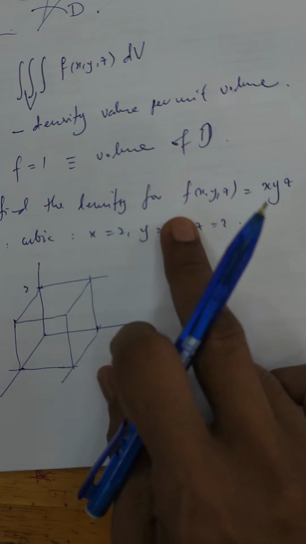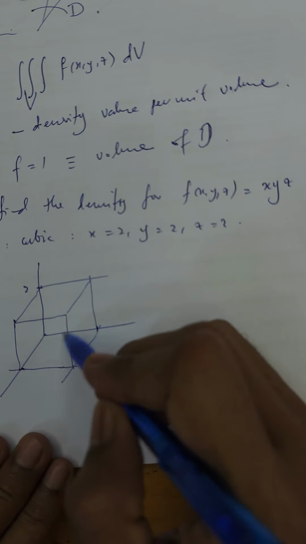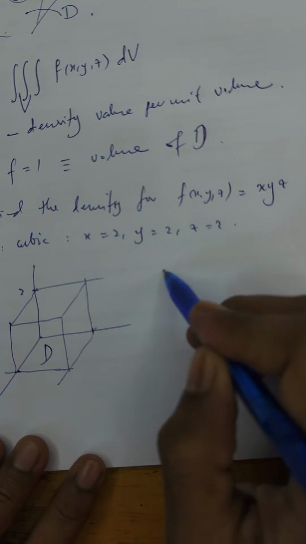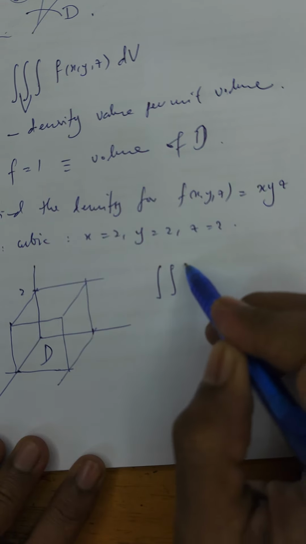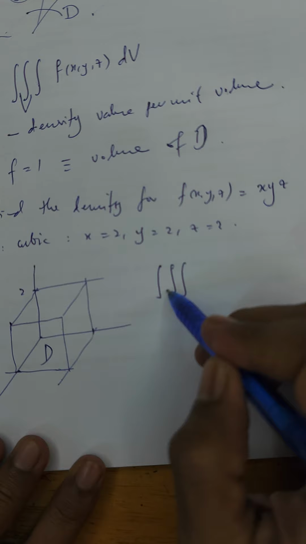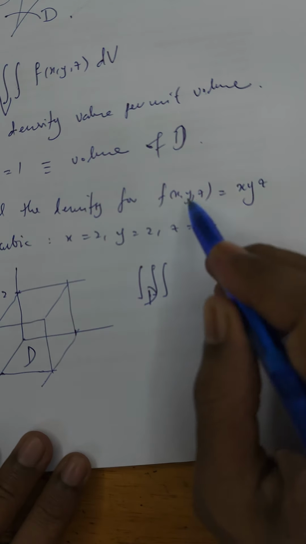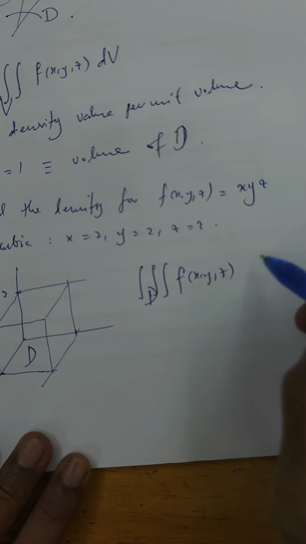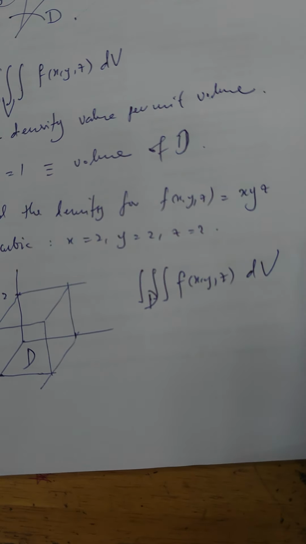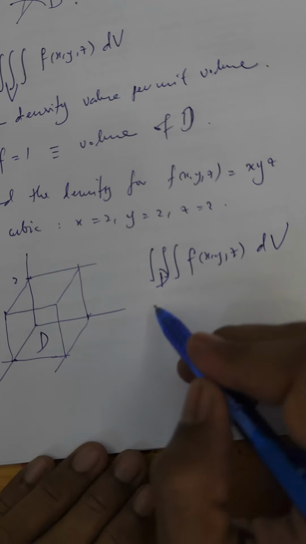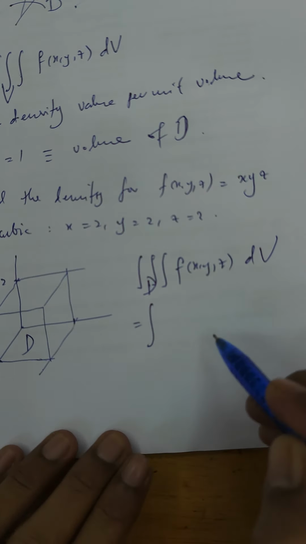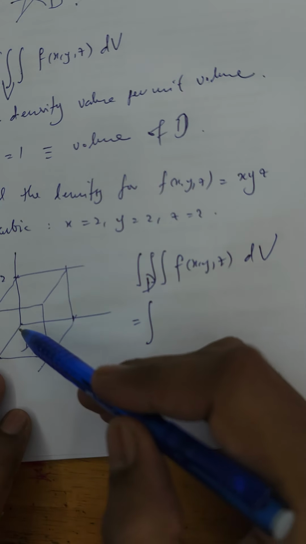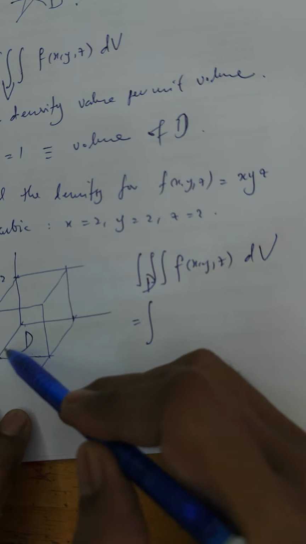Alright, this is our region D, and to find the density, we take the triple integral over the entire region D of the function xyz.